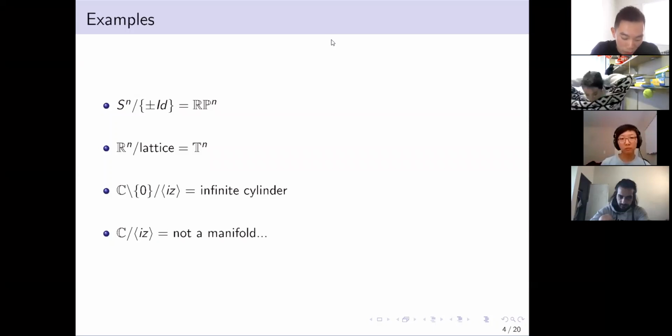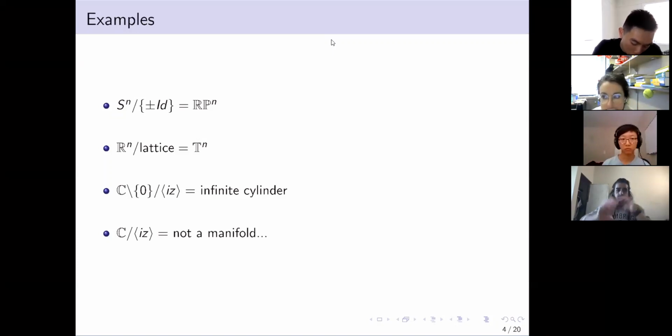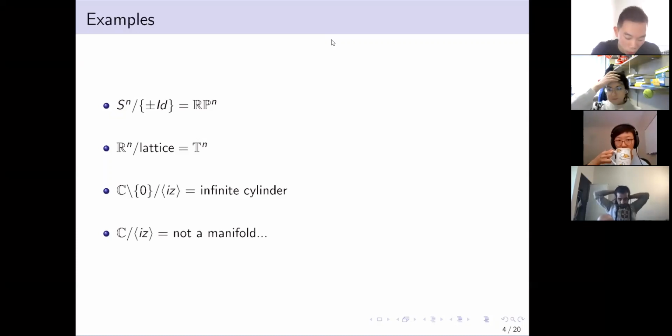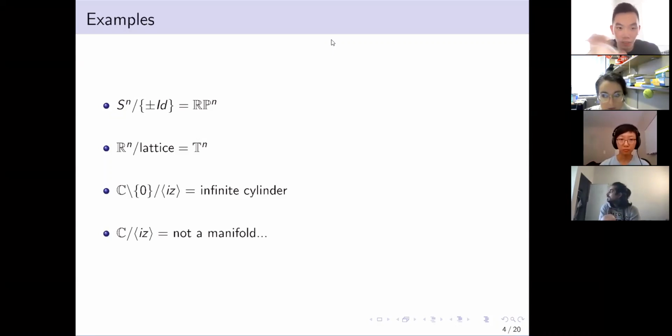You also have R^n with some lattice in R^n, and under this action you get the n-torus. Again, a smooth manifold. Let's say you have the complex plane punctured at 0, modulo the group generated by i, the set of rotations by an angle of 90 degrees.